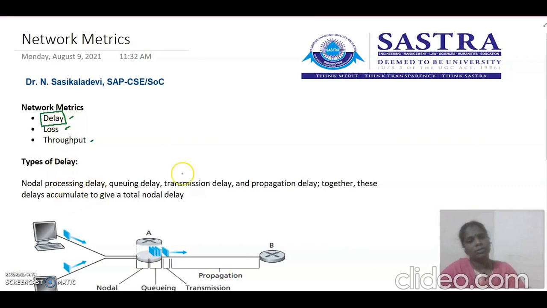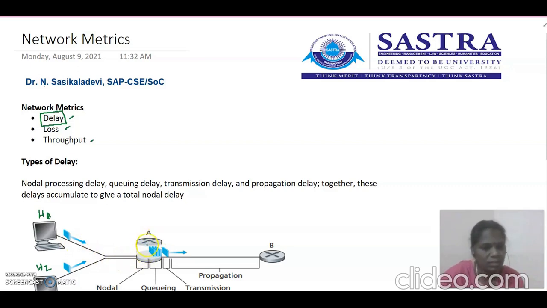When we talk about a network, take an example here: two hosts, host 1 and host 2, connected with router A, followed by the destination router B. Whenever a packet is transmitted, it passes through these routers.